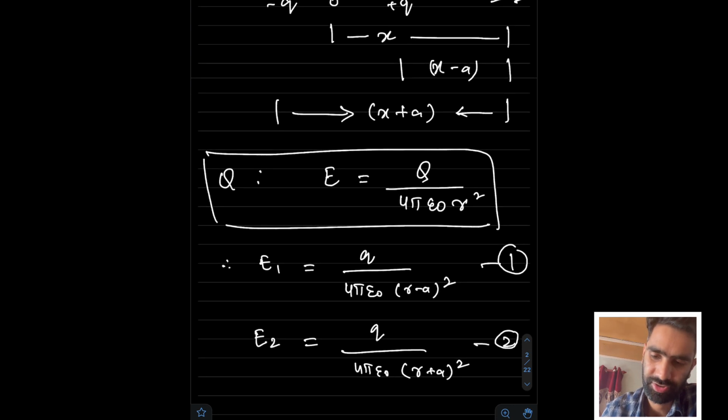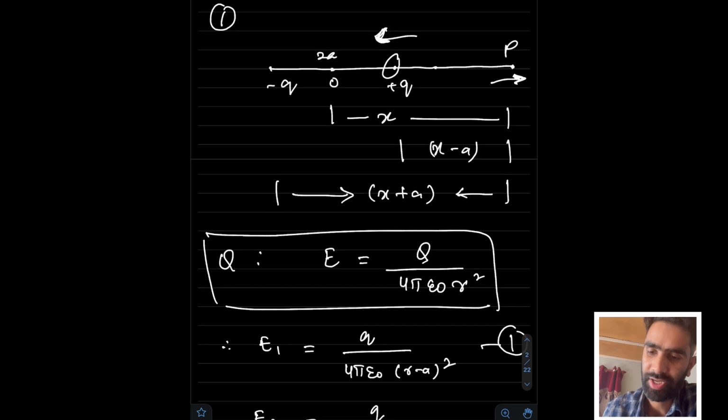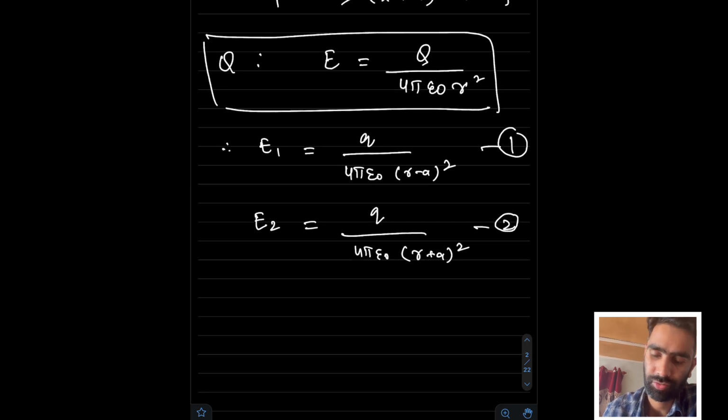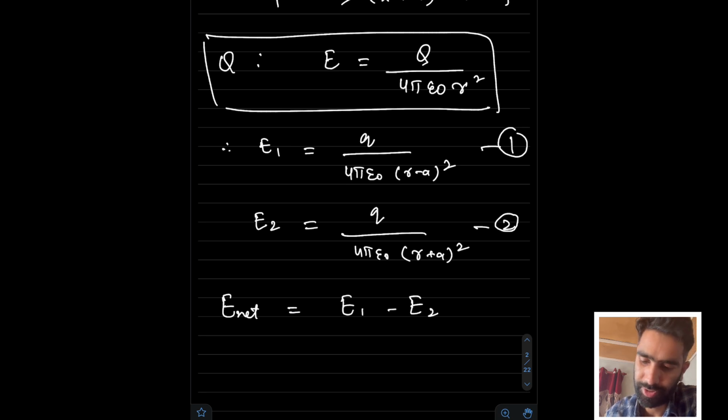So these directions will be opposite. And also the strength of the field due to plus q at P will be larger than that due to minus q, because P is much closer to plus q, and it is much farther from the minus q charge. So the net electric field will be the difference of the two. It will be E1 minus E2.